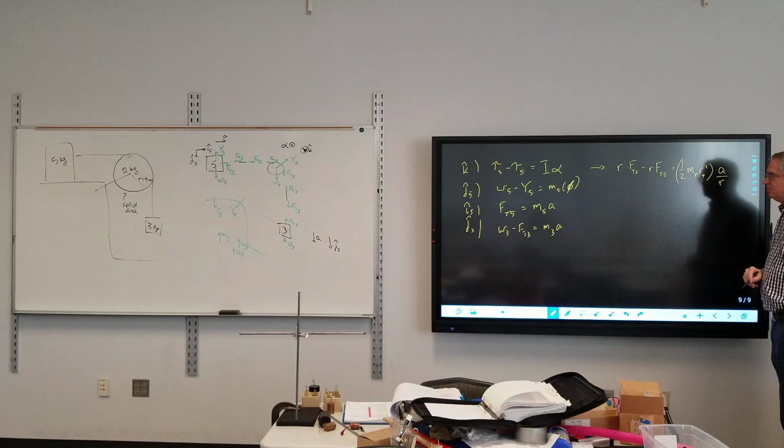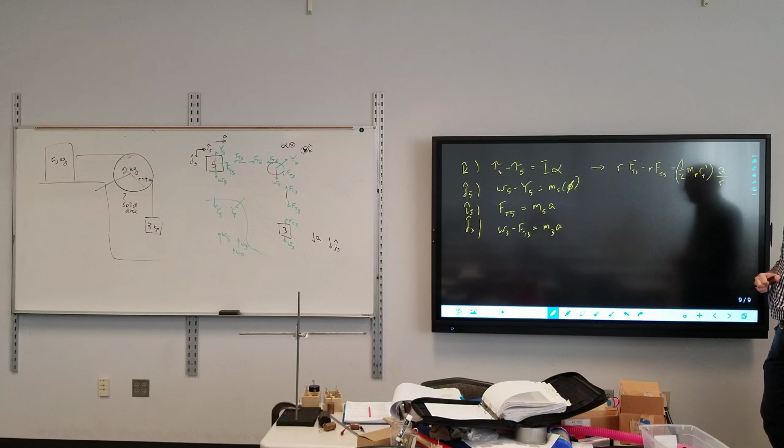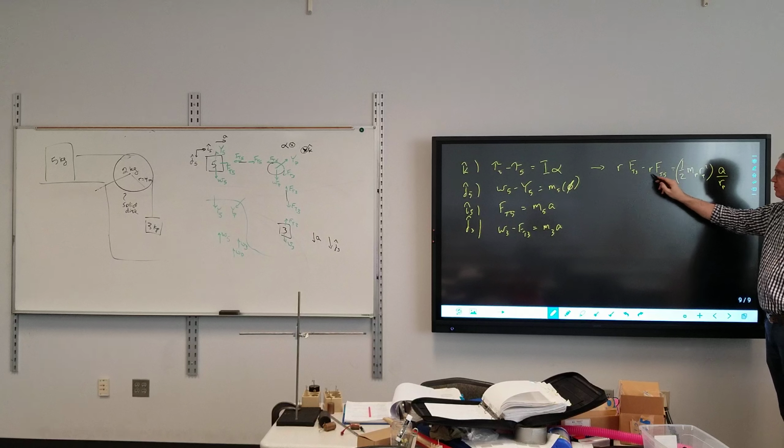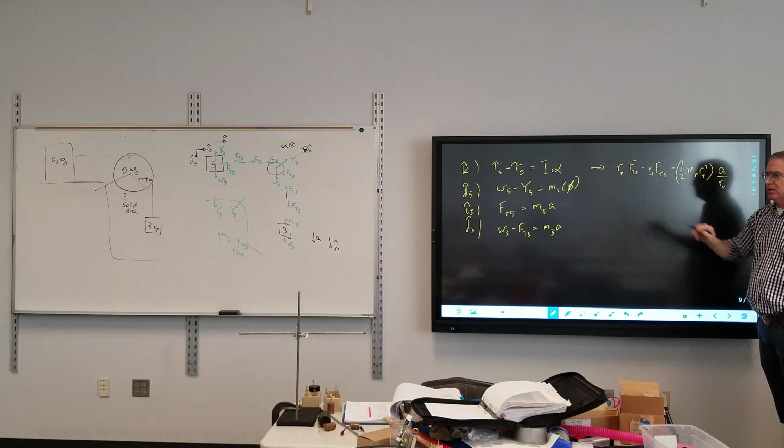I guess my question is, when R is canceling out, why is R squared not just left as R on that side? I've got R squared here, those R's are the same. Even though I put a subscript P there, this is really radius of the pulley, radius of the pulley, radius of the pulley.